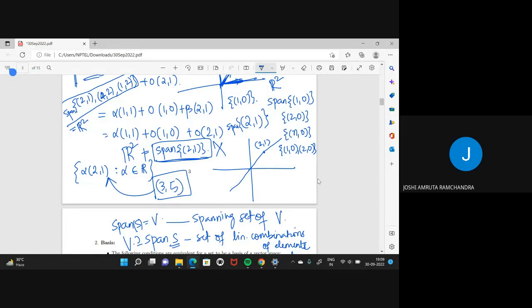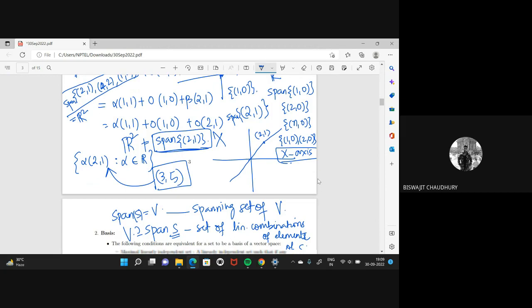Madam, can you explain how (2, 0) spans the x-axis? Well, all these are still in R2, right? Yes, these are all in R2, but the vector space I've considered here is the x-axis, the subspace. But ma'am, (1, 0), then (2, 0), and something like (3, 1) is not a spanning set of that x-axis.